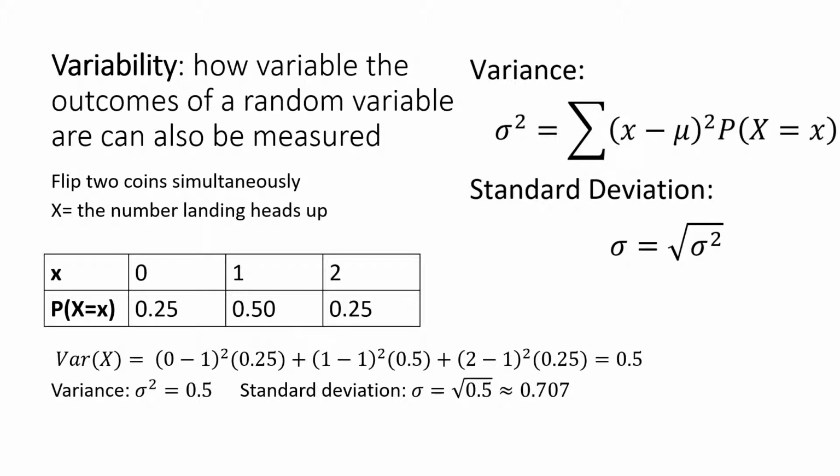The standard deviation is just the square root of the variance, so we can apply this formula as shown on the slide to our coin flipping example to find both the variance and the standard deviation.